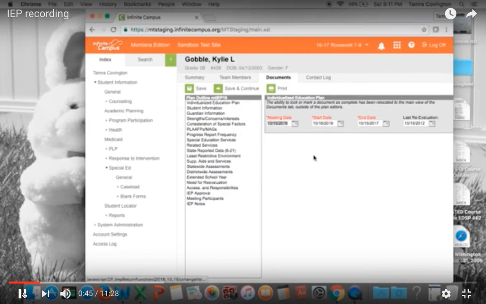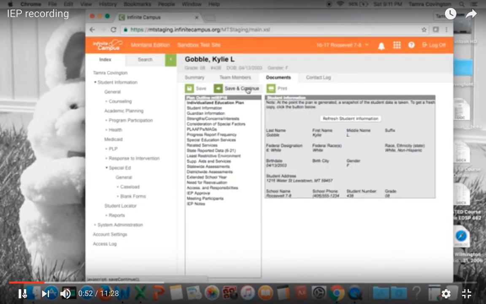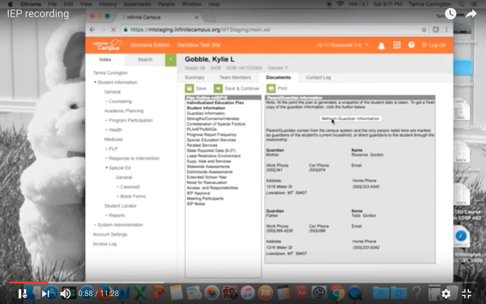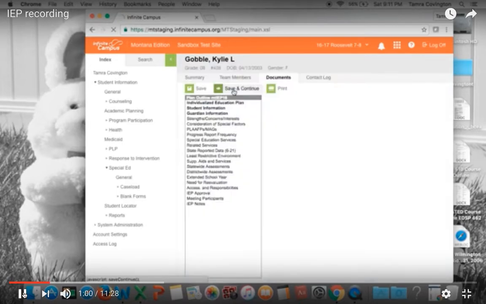You're going to be using the information provided in your evaluation report to complete your IEP. Remember to always save and continue, or save before moving on to the next page.